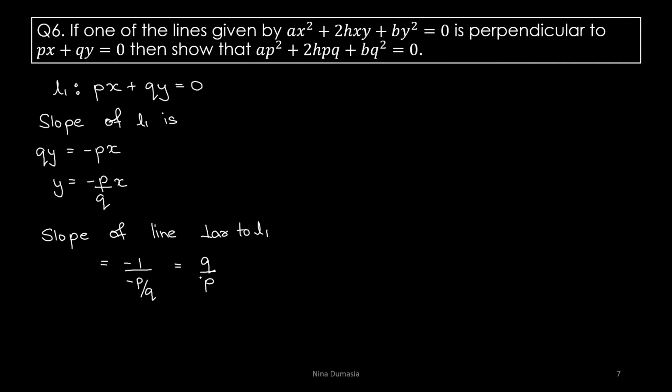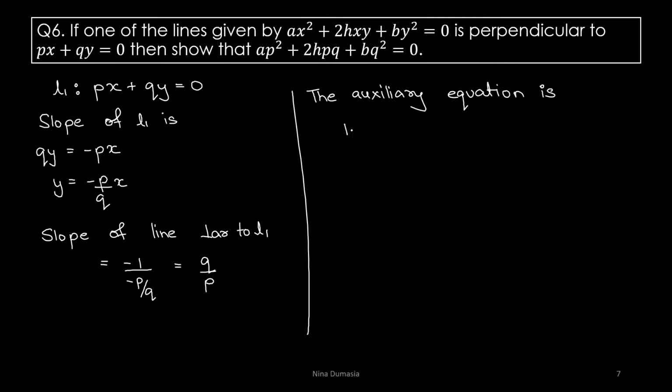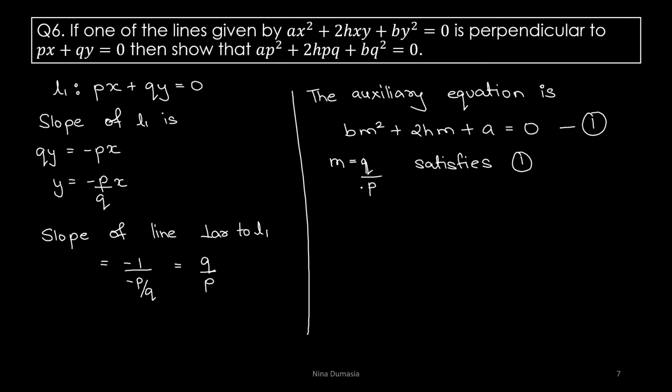Okay, now this will satisfy the auxiliary equation. As usually I have written कि it will satisfy the auxiliary equation. अब बस इसको substitute करना है, तो b into q square divided by p square plus 2h into q by p plus a is equal to 0.